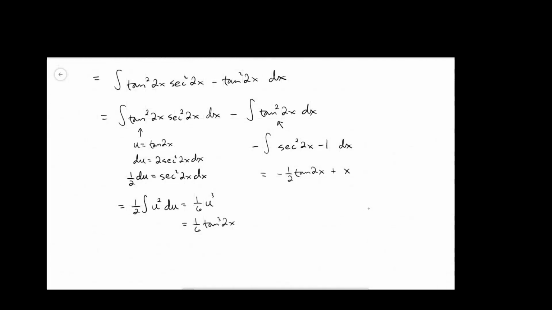So putting it all together, what do we get for an answer? In general, 1/6 tangent cubed 2x minus 1/2 tangent 2x plus x. Okay, any questions about that?